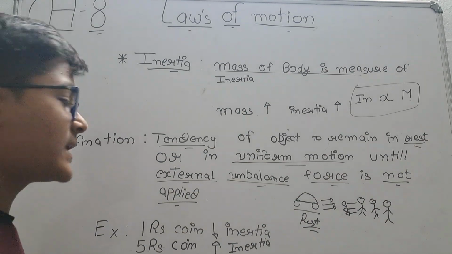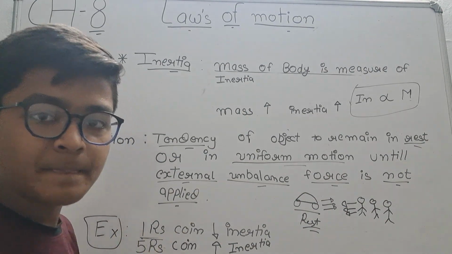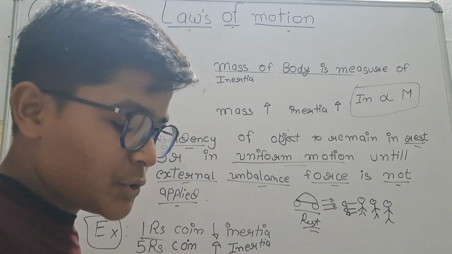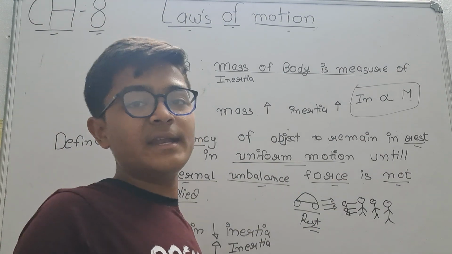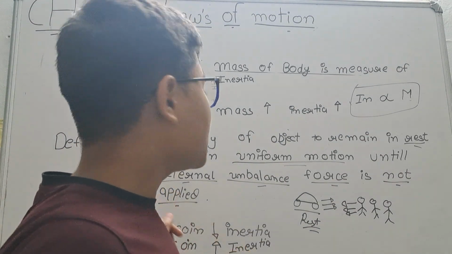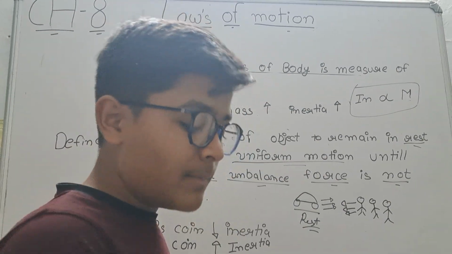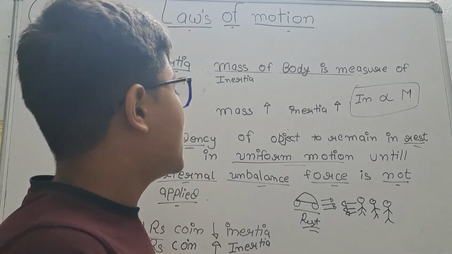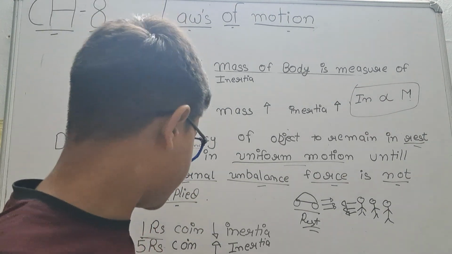And let's take one more example. If there is a 1 rupee coin, and you throw it on the surface of your house or any ground, and at the same time you also throw a 5 rupee coin, observe what is happening.